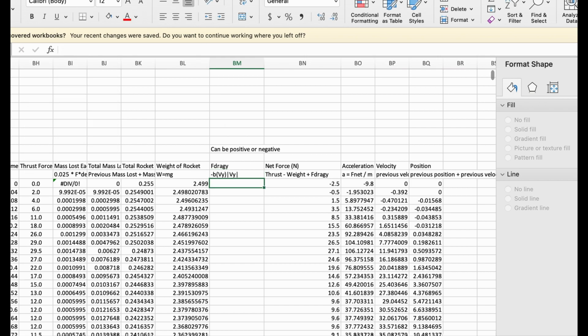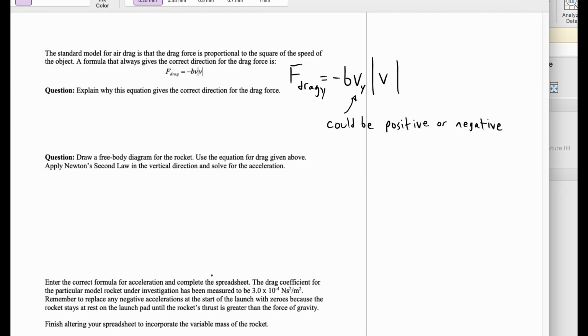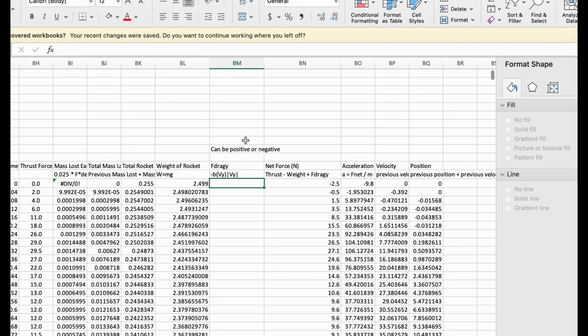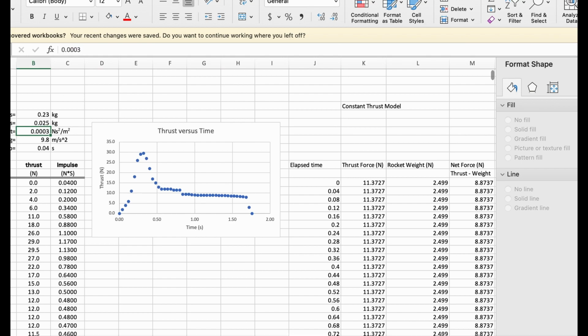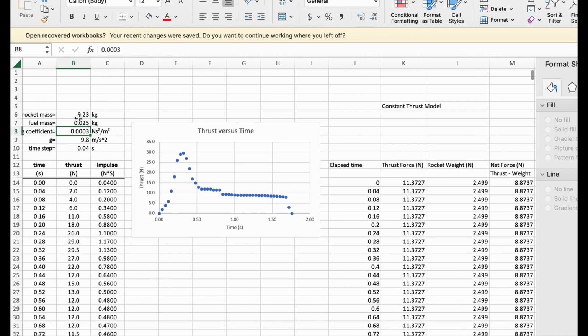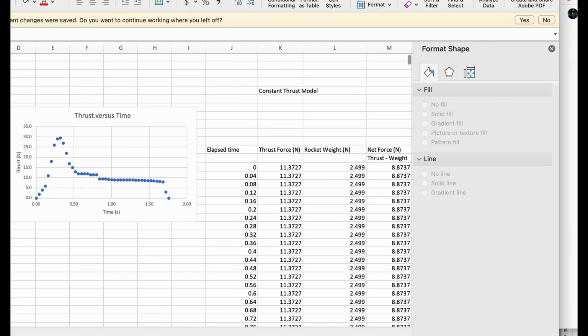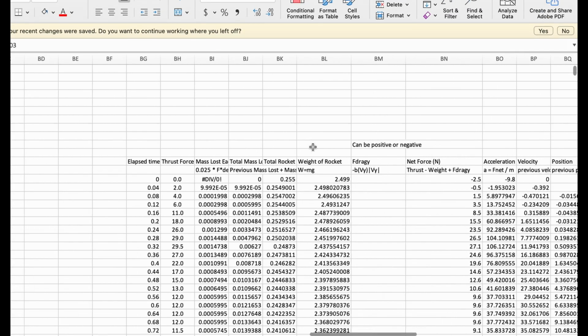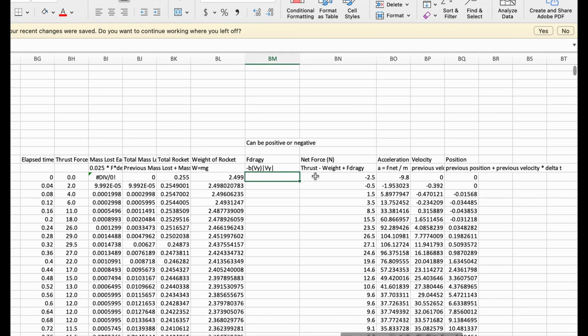Now there's a B that they give us to be 3 times 10 to the minus 4. Oh, it's already there. It's row B8. We'll call it up.